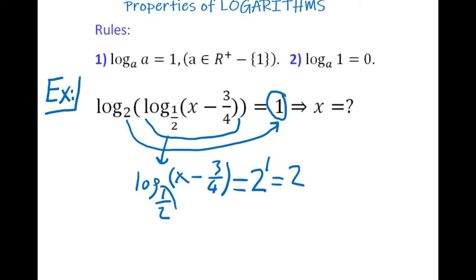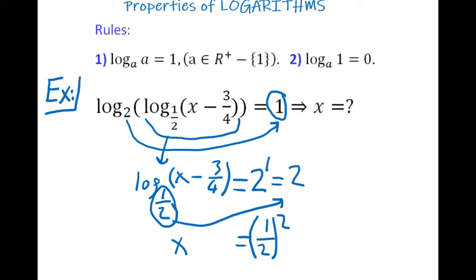And then again the same thing, 1 over 2, just bring this base to the right, so it's going to be 1 divided by 2 to the power of 2. And then write whatever inside the parentheses to the down, so the left side becomes x minus 3 over 4. I'll continue here. If this is the case, x minus 3 over 4 is equal to the square of 1 over 2.